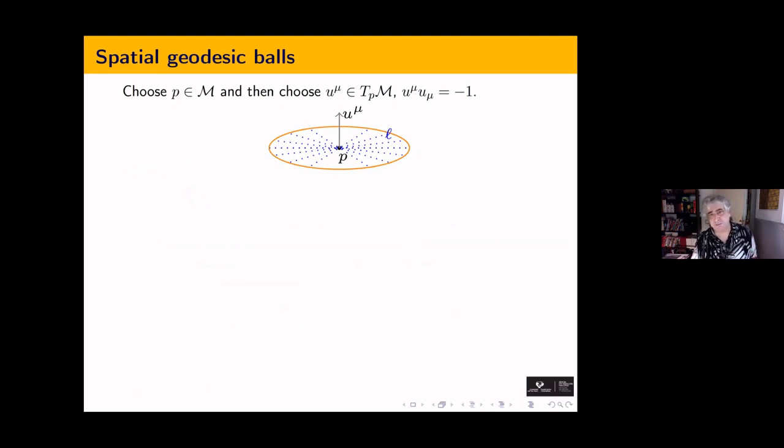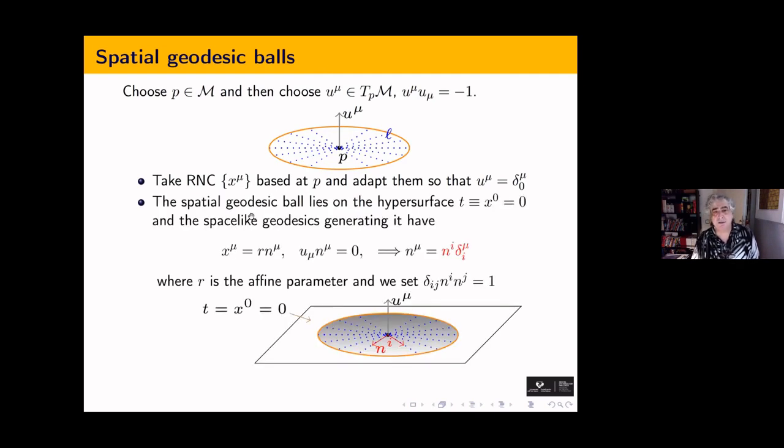In Minkowski spacetime, it will be spherical, by just sending space-like geodesics in all possible directions around P. And I'm going to do that using Riemann normal coordinates, based at P, and such that the unique time-like vector is just the zero coordinate.